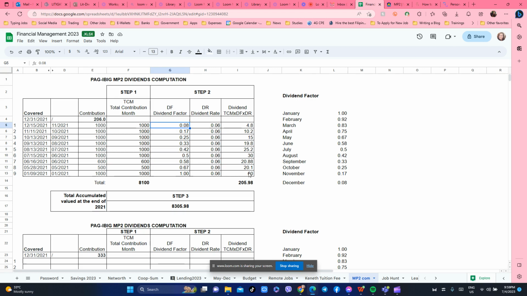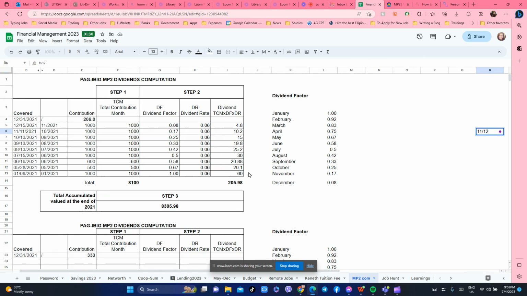For each and every month, we have a total of 12 months. So if you contributed in January, you have 1 for January. While in February, you have 11 divided by 12, that's equivalent to 0.91.